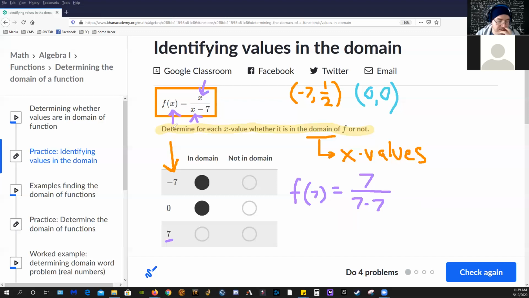So the function when x is equal to 7, this is basically y equals 7 over 0. Aha, now we've got a problem. Divided by 0 is undefined.